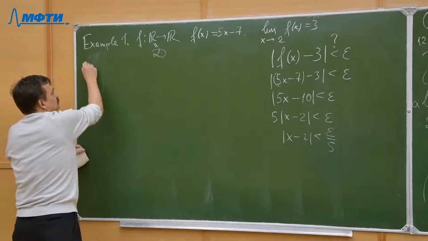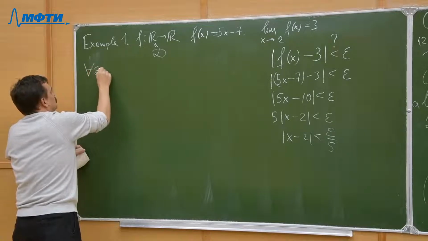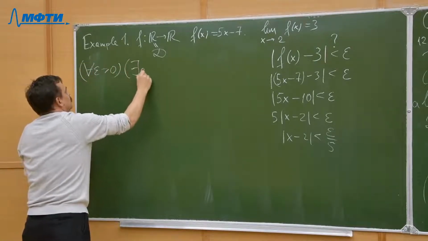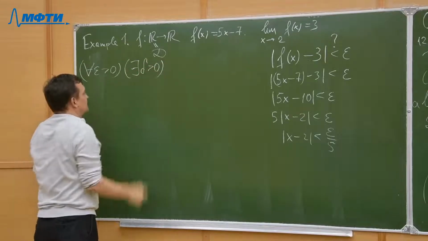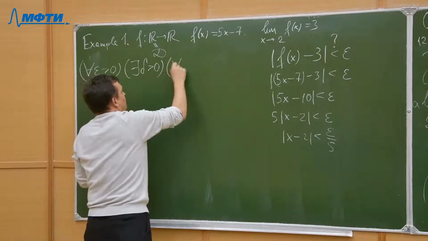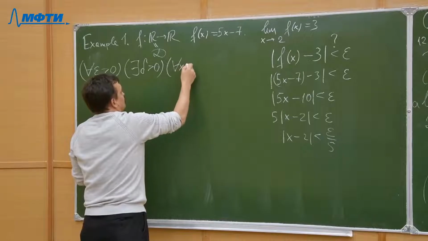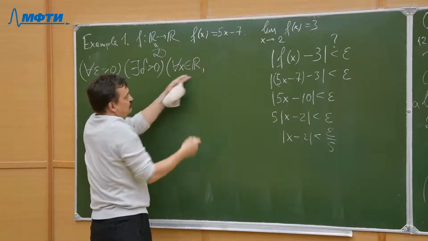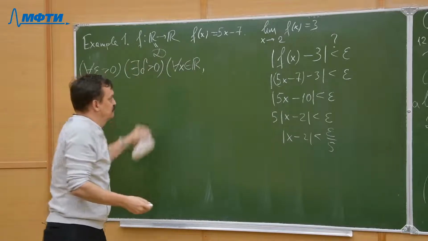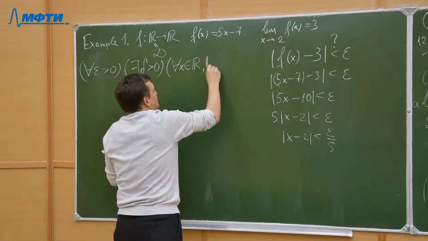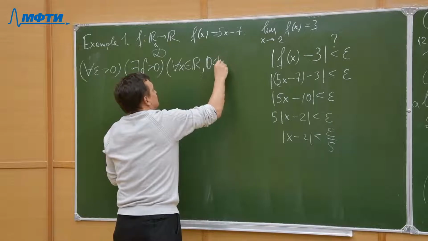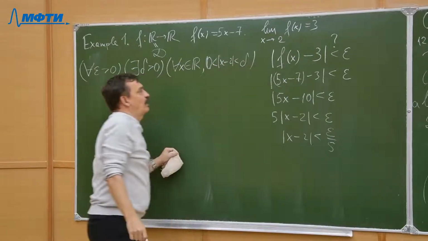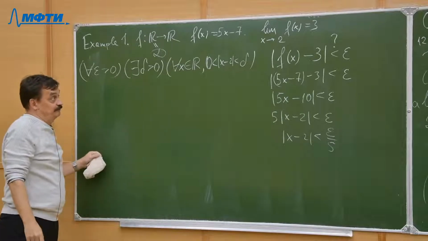So what we want: for arbitrary epsilon greater than 0, we need to indicate delta greater than 0 such that for all x in D, it means in R, we can omit it, with the following supposition, this inequality should be satisfied.